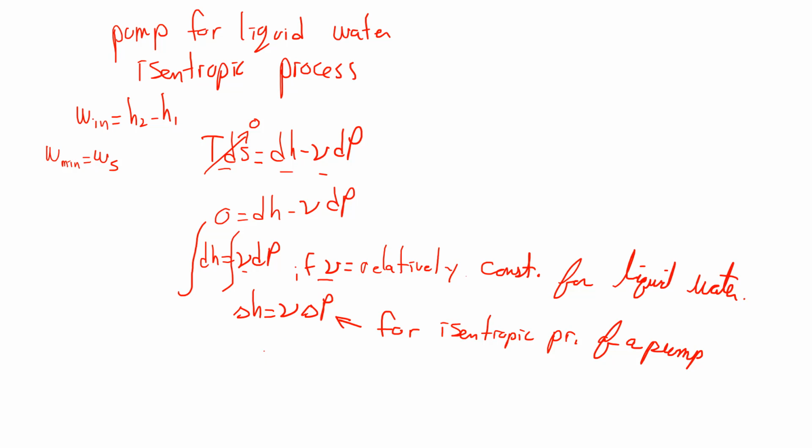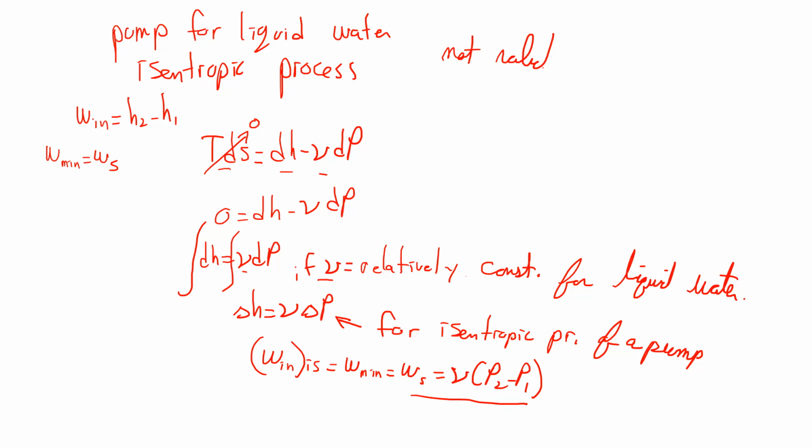So therefore, the isentropic work in, or minimum work, or just Ws as we've been labeling it, equals specific volume times the change in pressure. Sorry, my writing sometimes is not the best. This is not valid for a compressor.